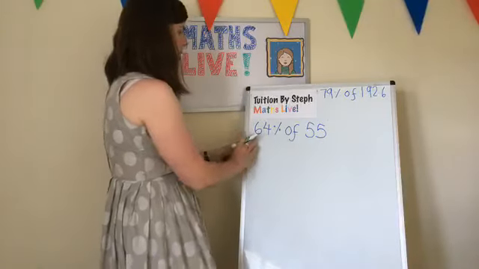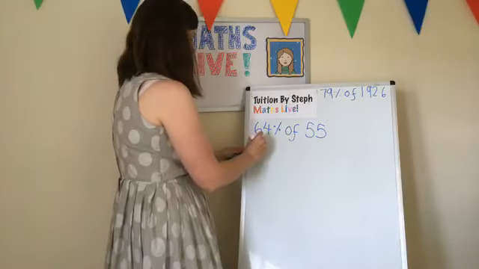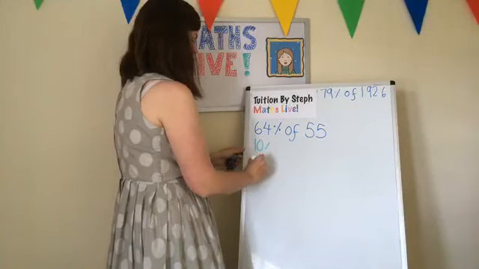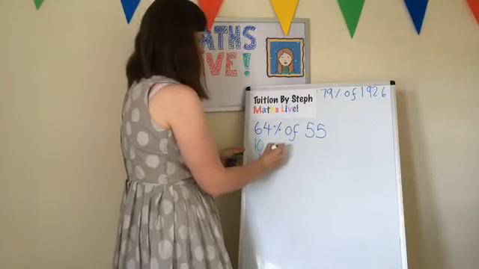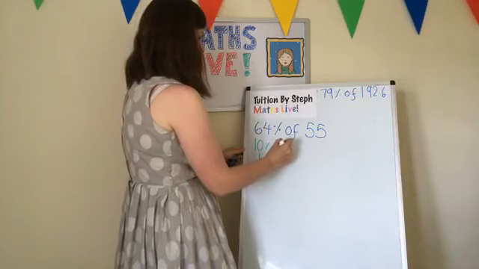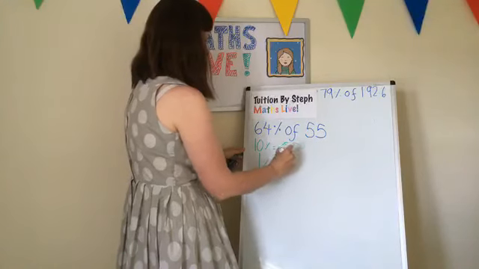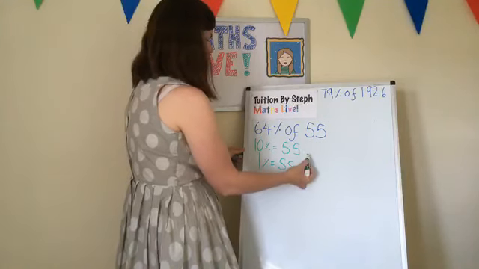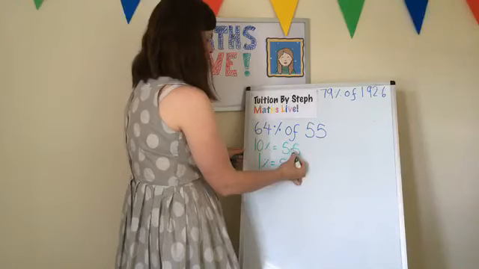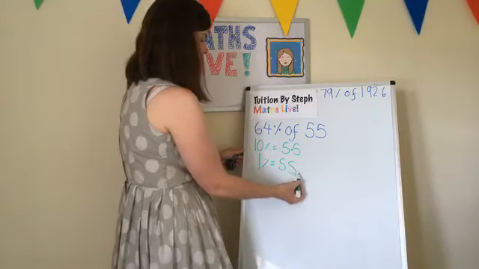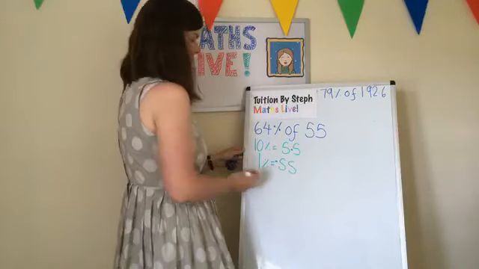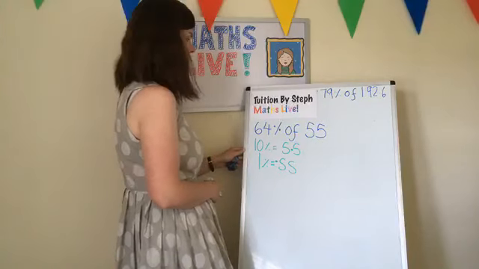So, 10%, 1%. I need both of these now because there's 1 in each column. So, 55 and 55. So, 10% would be 5.5 and 1% would be 0.55.